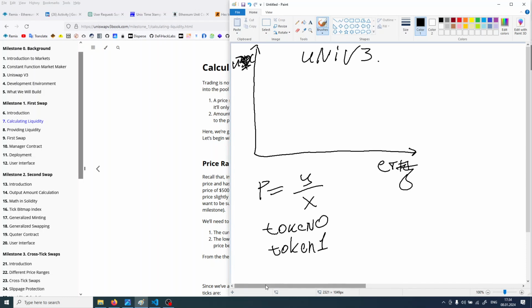And the smart contract stores this information in the next way.